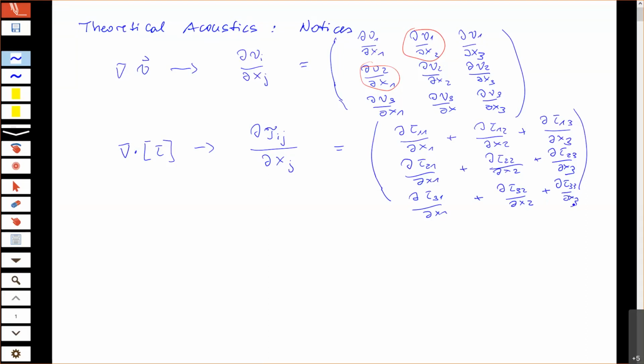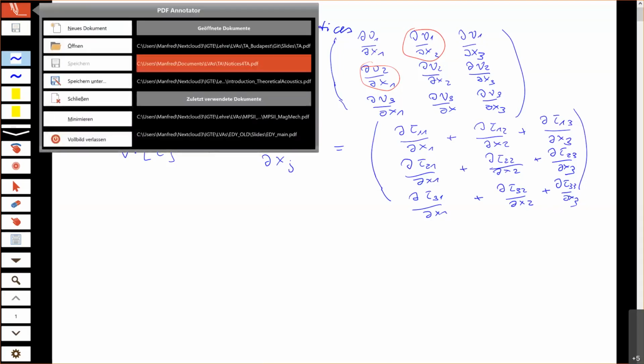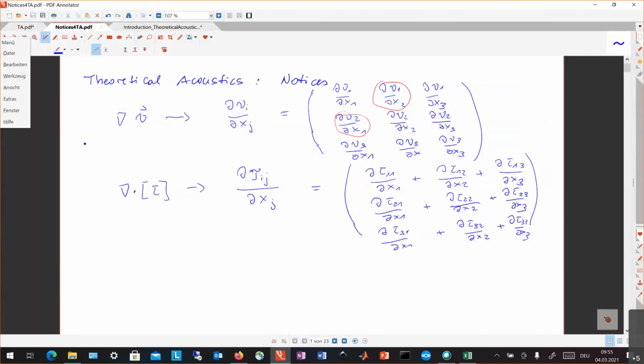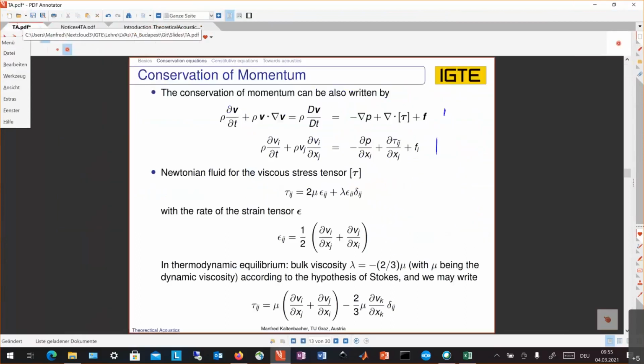Okay, so I think that should hopefully demonstrate that it makes sense to use this index notation. And I'm very happy that I have heard that you interchange in your other courses between this index notation, which goes towards tensor notation, and the other one, which is our classical vector notation using the classical Nabla operator.